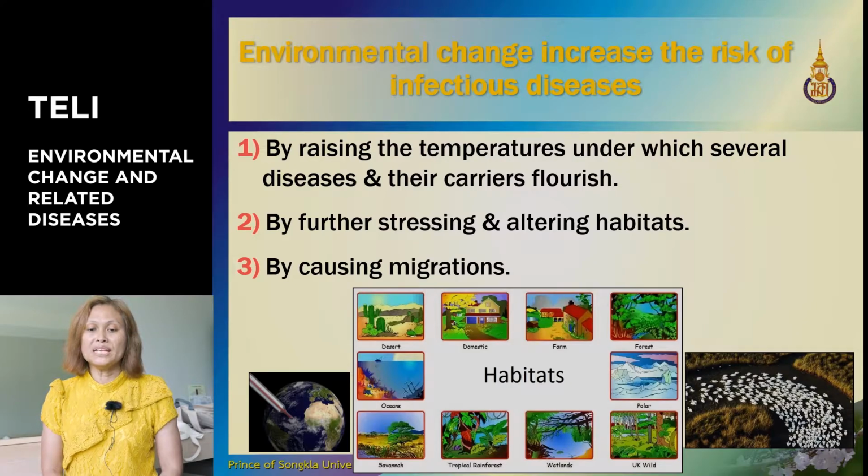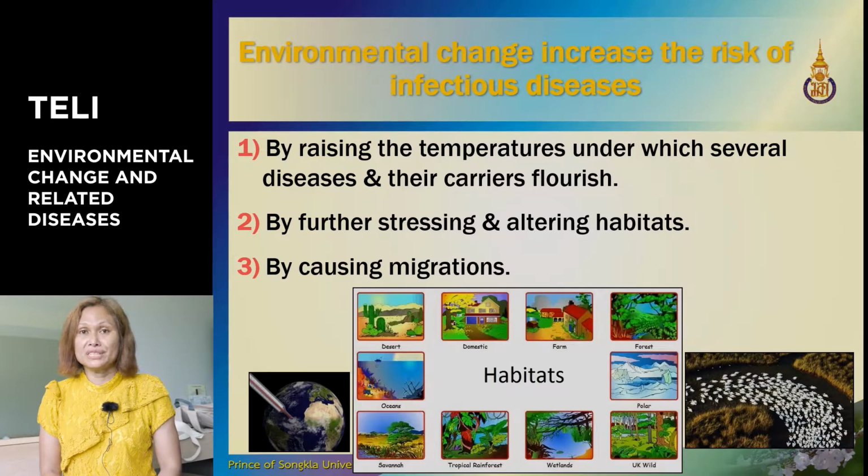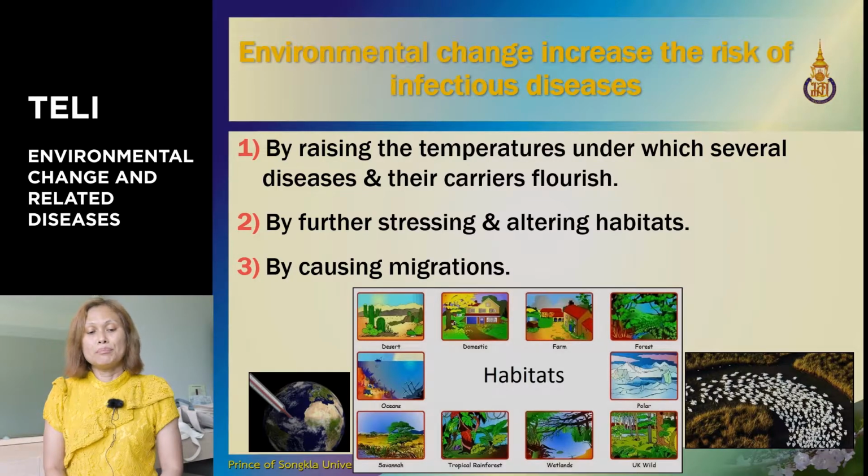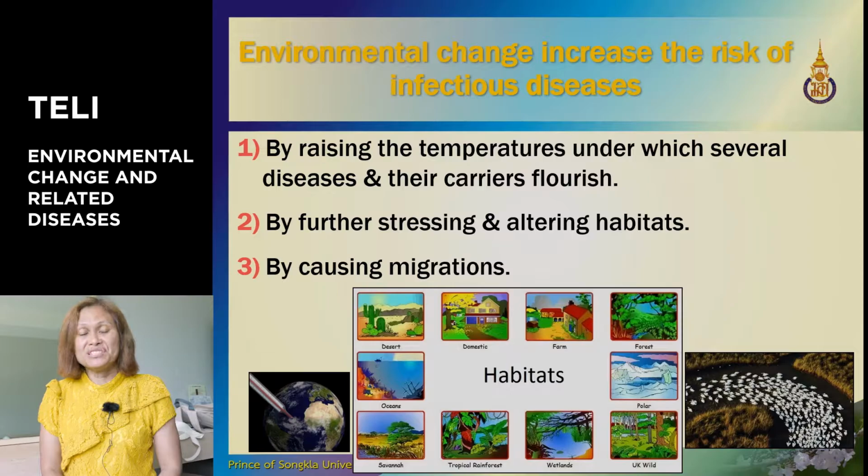Environmental change may increase the risk of infectious diseases in 3 ways. The first, by increasing the temperature under which many diseases and their carriers thrive. The second, by stressing and changing habitats.